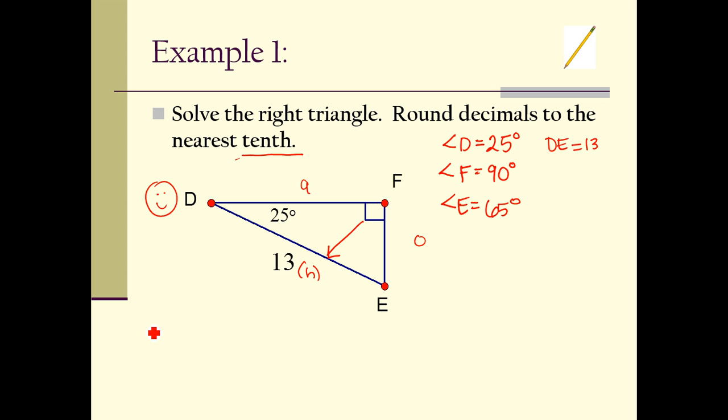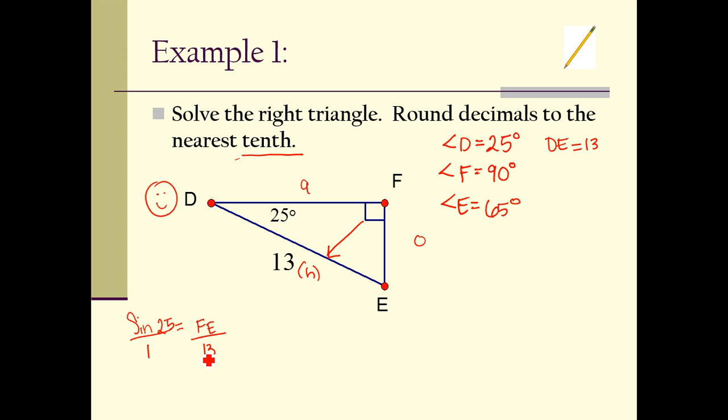That would be sine of 25 is equal to side FE over the hypotenuse, which is 13. So take sine of 25 in your calculator and put it over 1 and cross multiply.